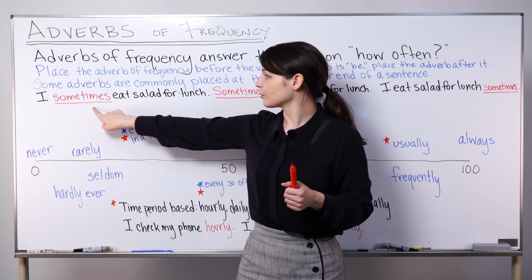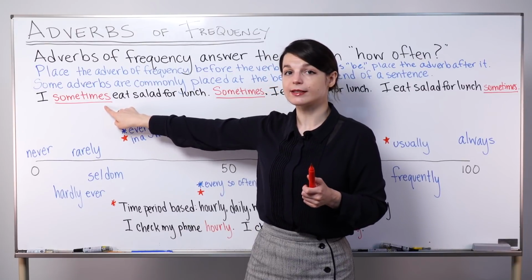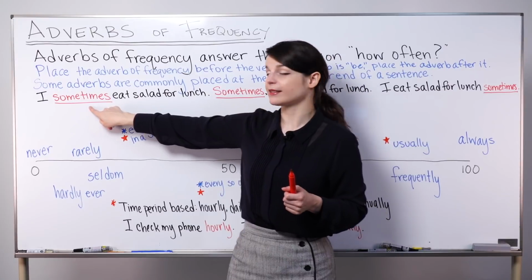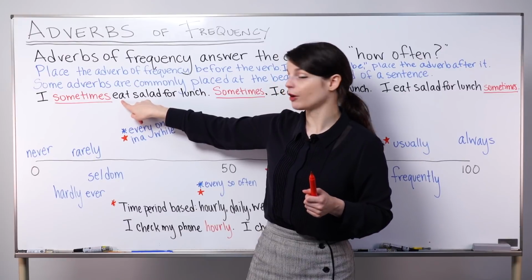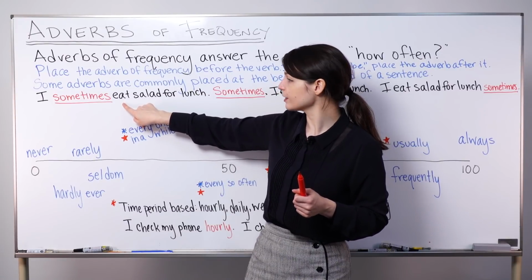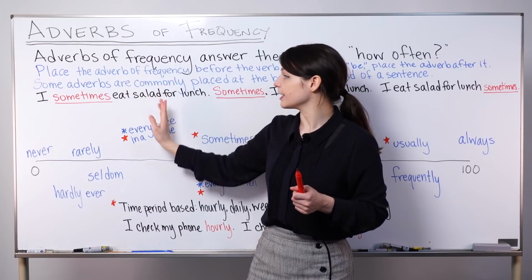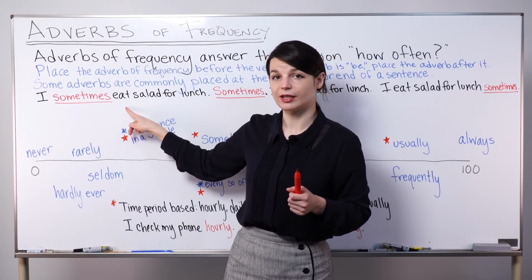First, "I sometimes eat salad for lunch." This word "sometimes" is my adverb of frequency. I've placed it before the verb "eat." So in this way, I'm using this pattern: the adverb of frequency is before the verb I'm modifying. I sometimes eat salad for lunch.